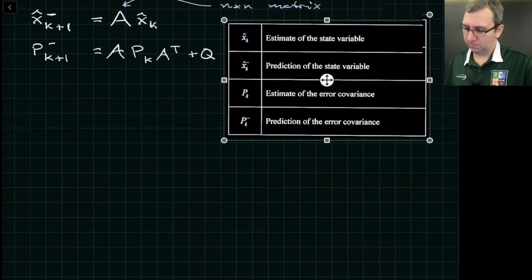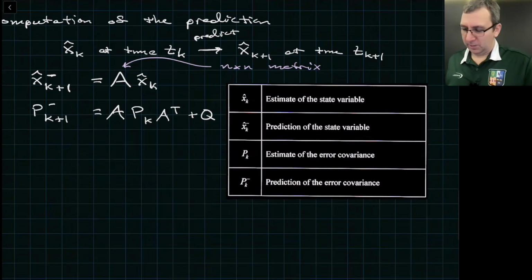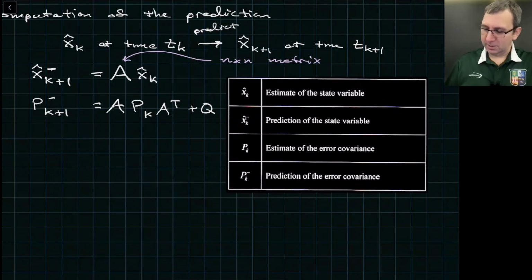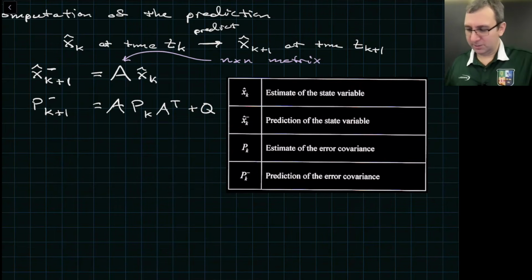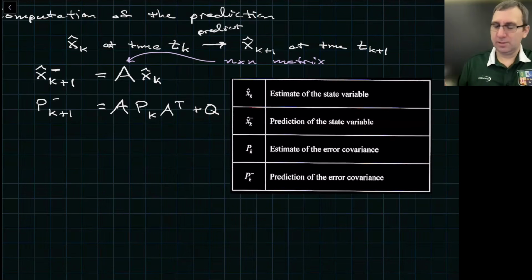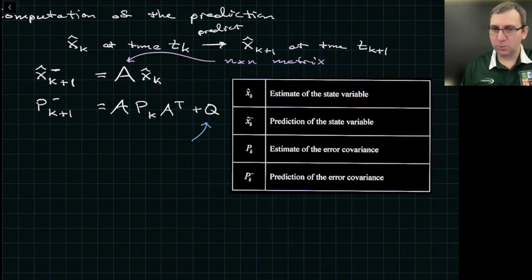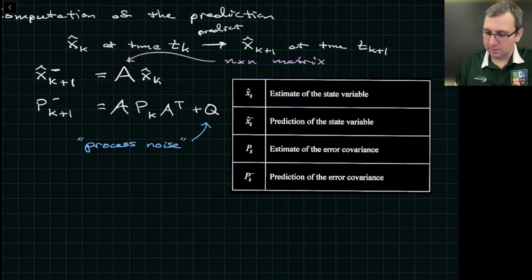There we go. And just to summarize something here about the estimation step, right? We've got the estimate of the error covariance, prediction of the error covariance, estimate of the state variable, prediction of the state variable. What is this Q? This Q represents what's sometimes called process noise or state transition noise.